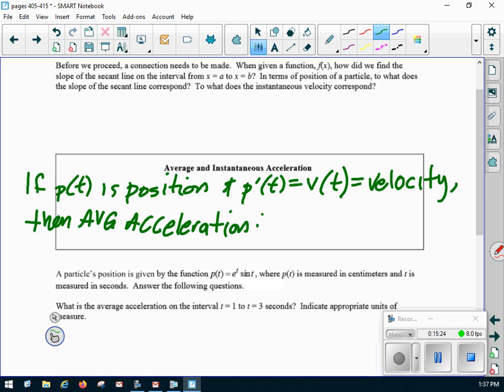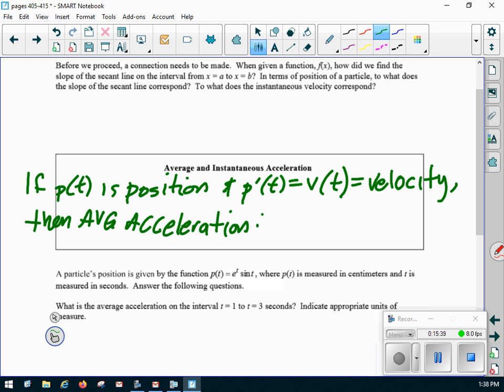Average, not instantaneous, but average. Divide what by the amount of time? P prime t. All right.